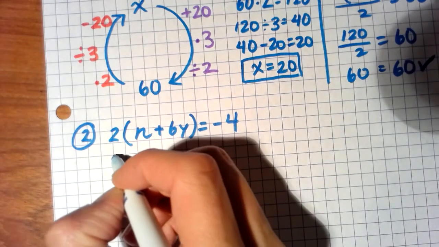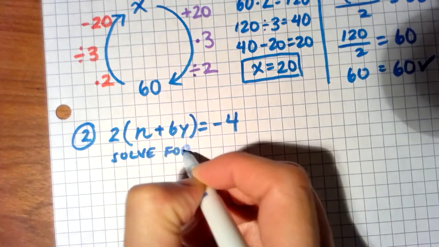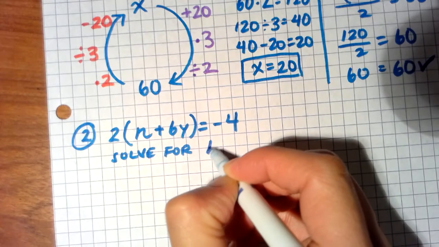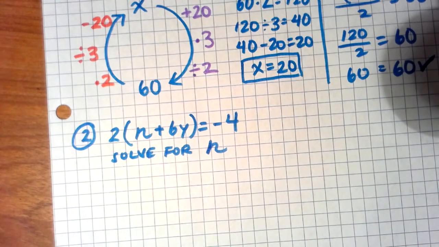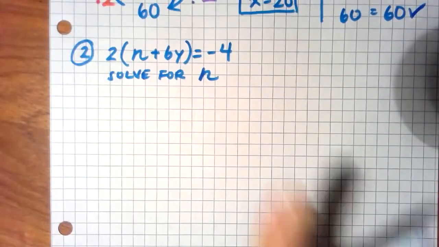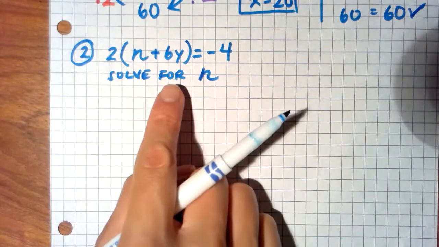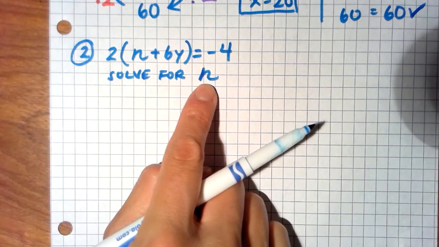And in this, we are going to solve for n. We want to figure out what n has to be. So let's set up our circle. And notice this one's a little bit different because we have 2 variables in the equation. So it's really important to keep in mind what variable we're solving for, which is n.